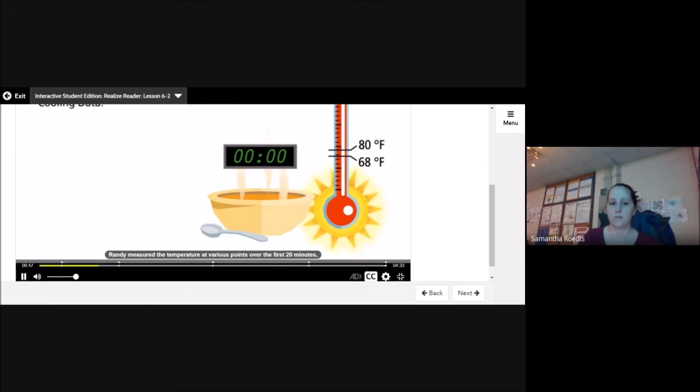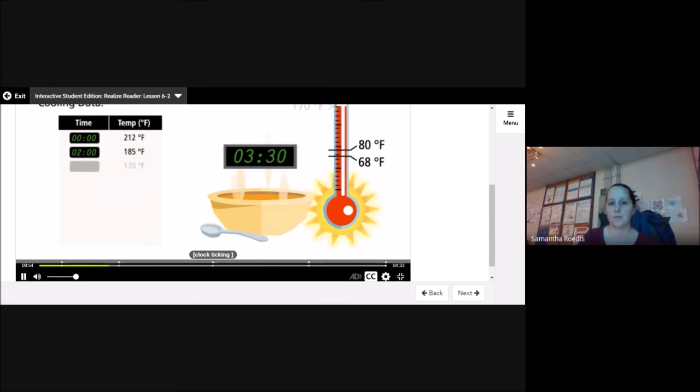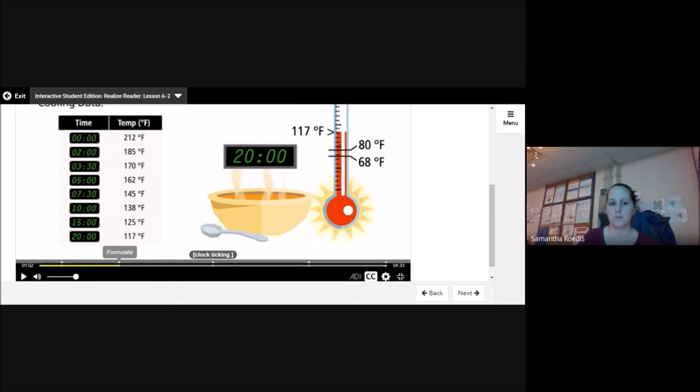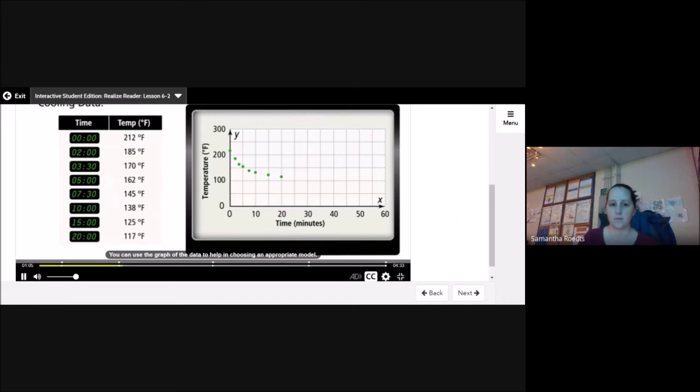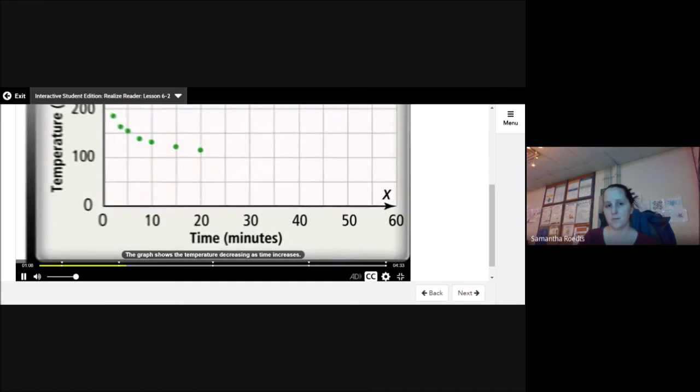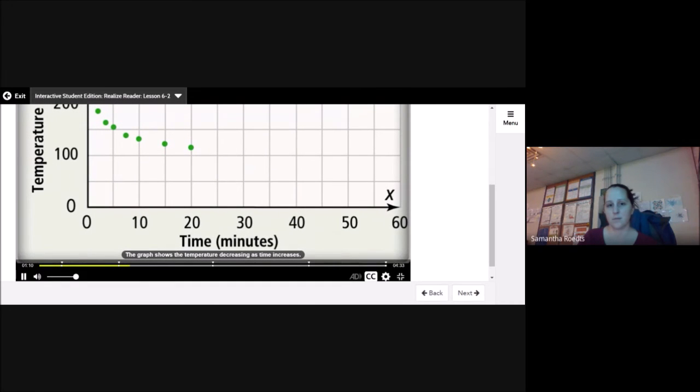Randy measured the temperature at various points over the first 20 minutes and recorded the data in a table. You can use the graph of the data to help in choosing an appropriate model. The graph shows the temperature decreasing as time increases.